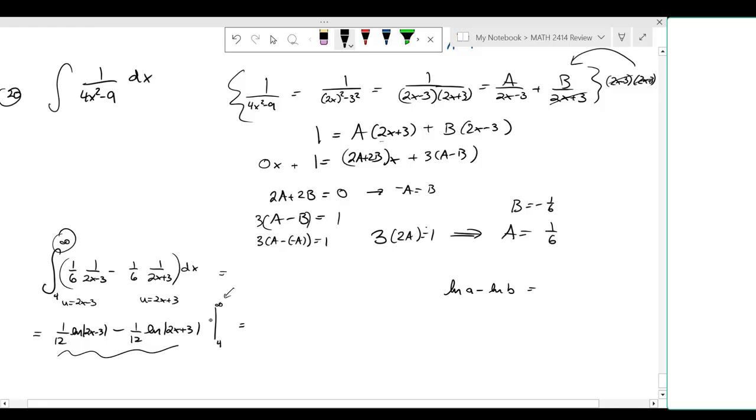Log of a minus log of b is the same as log of the quotient of a to b. So we have a 1/12, which is a common factor, and then log of (2x minus 3), that's like our a, divided by (2x plus 3), that's like our b. It's really a limit. So as x goes to infinity, what's this limit?